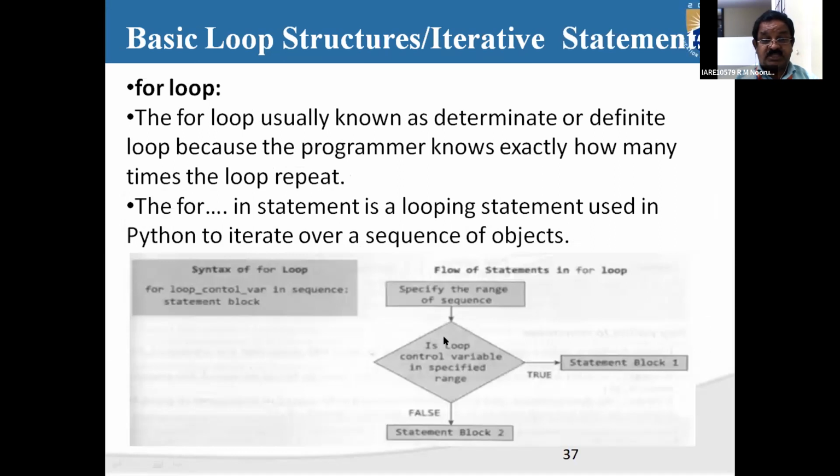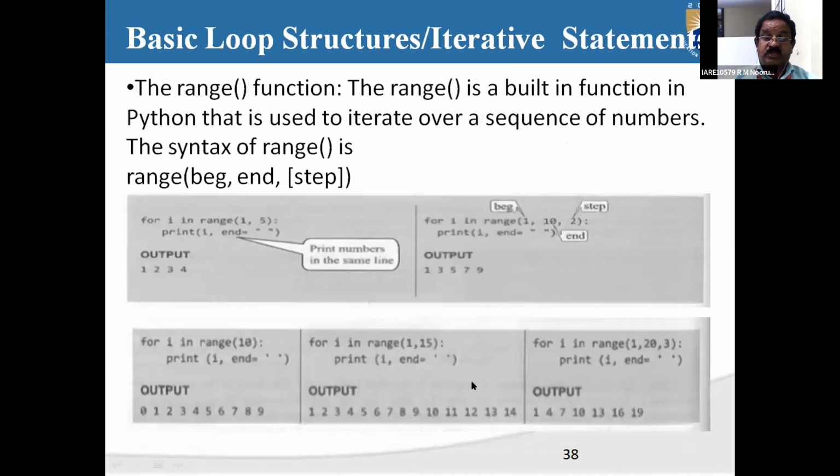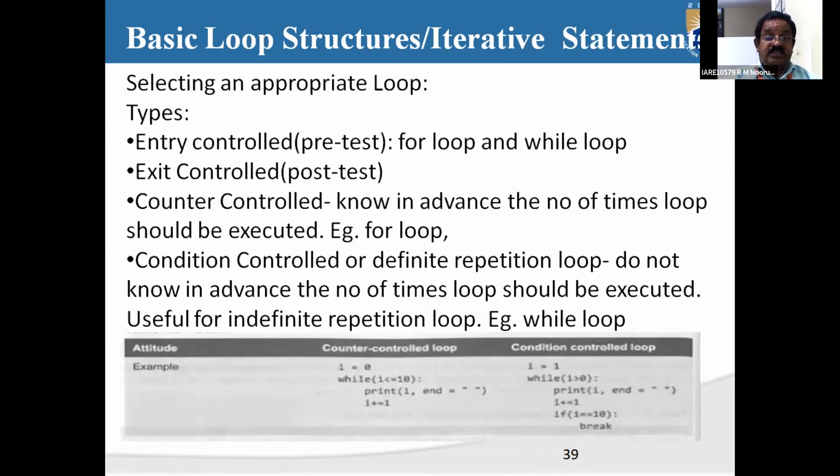So you specify the range sequence, then it checks whether the loop control variable is within the specified range or not. If it is within the specified range, then the block of statements is executed, or else it comes out of the loop and executes the next statement which follows the for statement. That's the general syntax of the for statement and that's how you use the for loop.